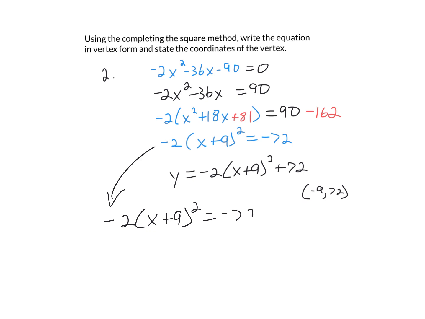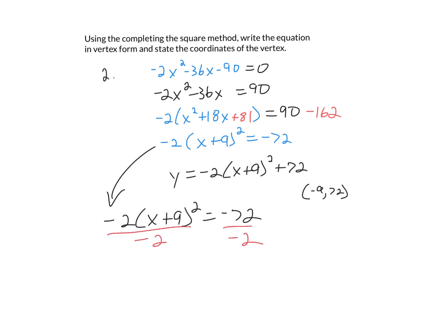Now, previously, we had just worked to where we didn't have this coefficient here, or we didn't have this a, we just had the x plus 9 squared. So what we're going to do here, since this x plus 9 squared is being multiplied by -2, the inverse is to divide by -2.